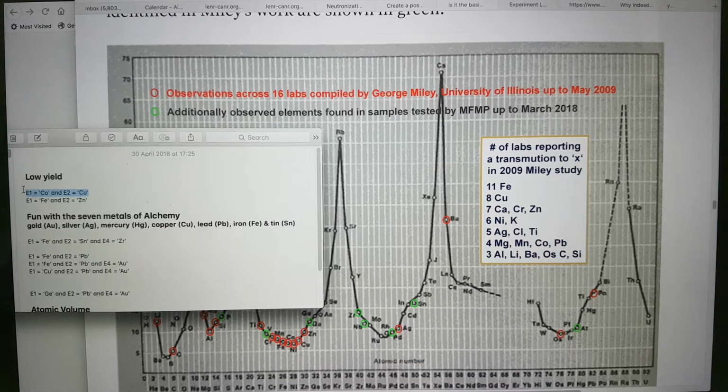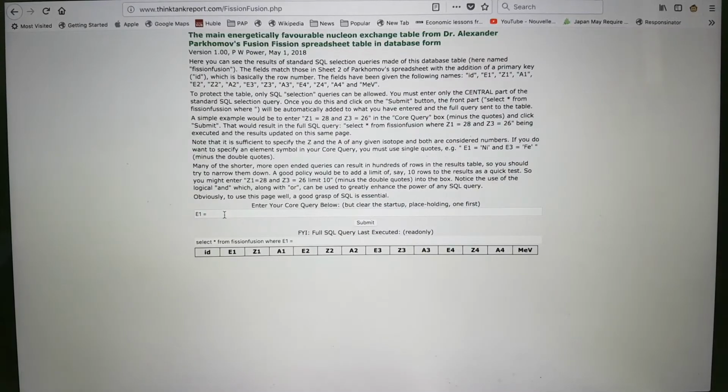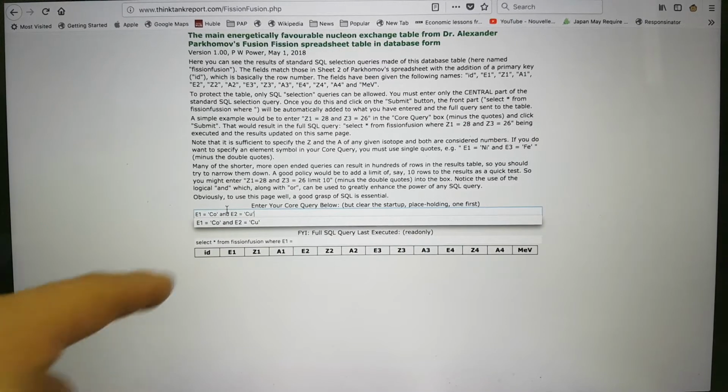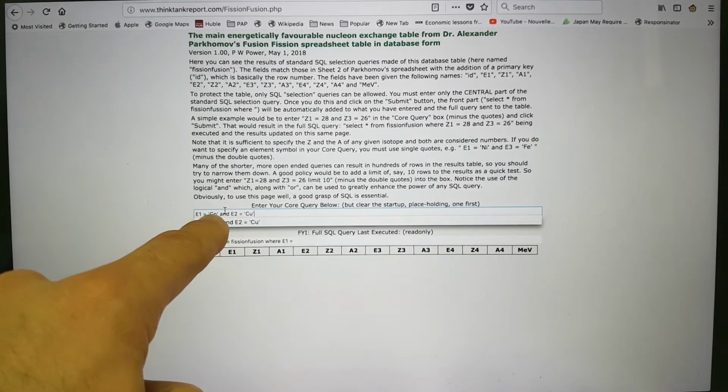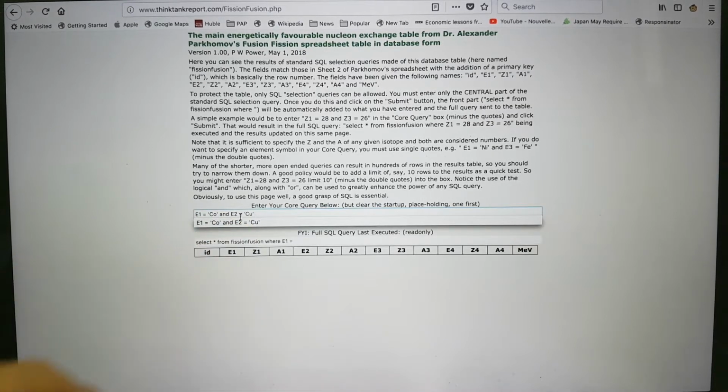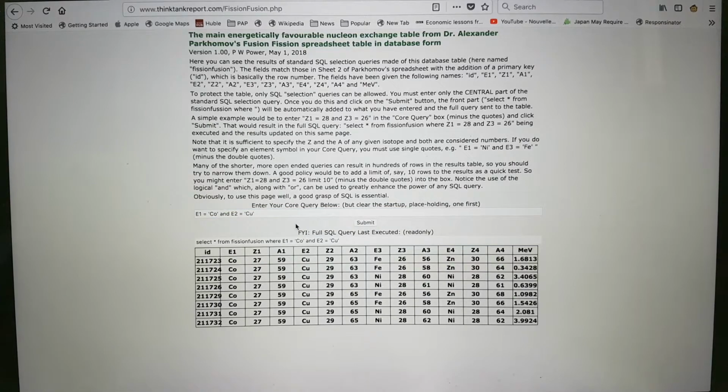So let's try E1 and E2. That's element 1 and element 2, and see what we get from that when we put that into the table. So it's E1 equals single quote cobalt single quote, and E2 equals single quote Cu single quote. So I'll fire that in there.